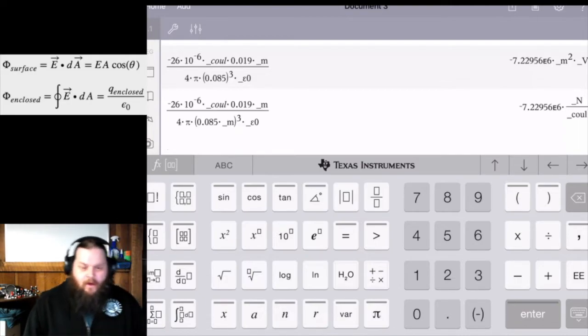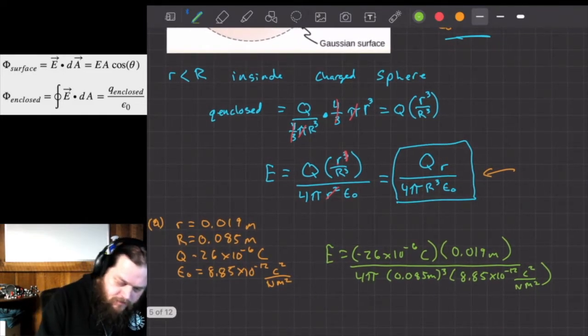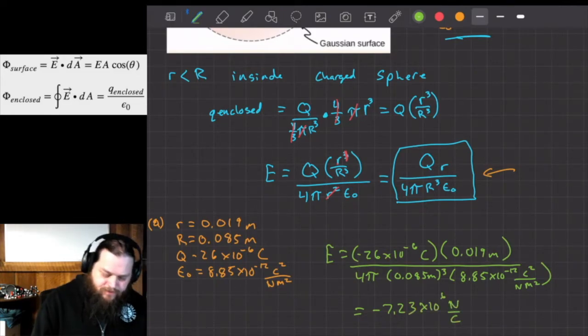So our electric field at this point is going to be negative 7.23 times 10 to the 6th newtons per coulomb.